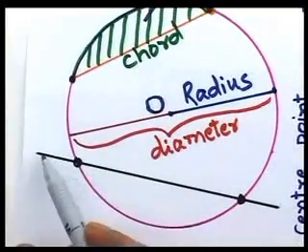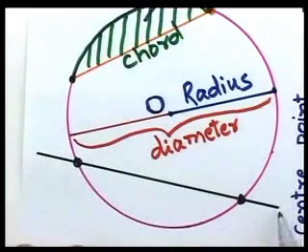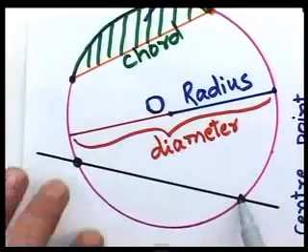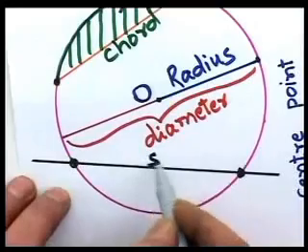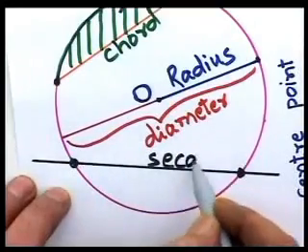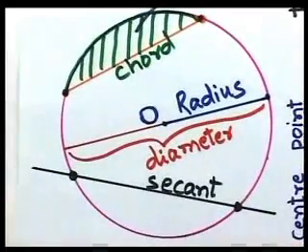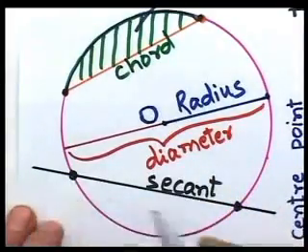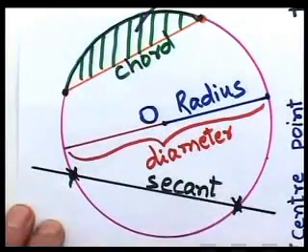So if a line is passing through without stopping, it passes through the circle and intersecting in 2 points, we call that line as a secant. So this line is called a secant. Please learn the spellings. They are very important, and literacy skills, please. So a line passing through a circle intersecting in 2 points, we call that line as a secant.